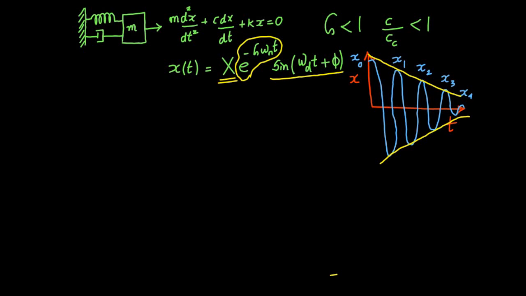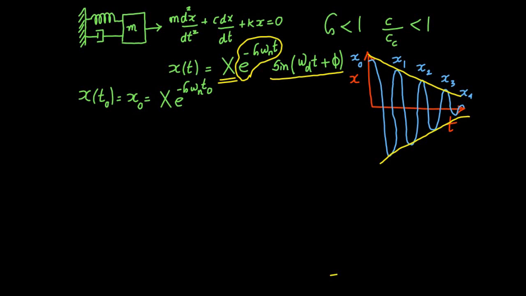At t naught, the value of x will be x naught, and that is equal to capital X into e raised to the power minus zeta omega n into t naught, because that indicates an initial condition at time t naught.